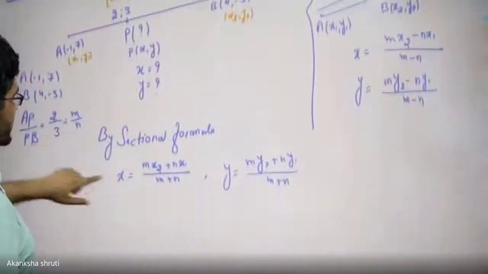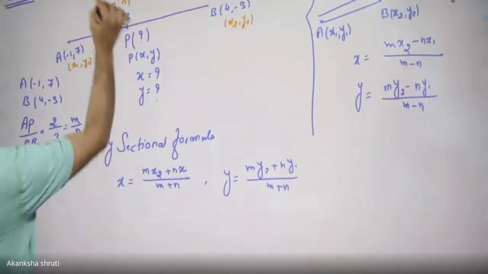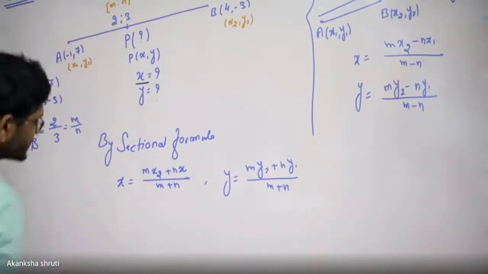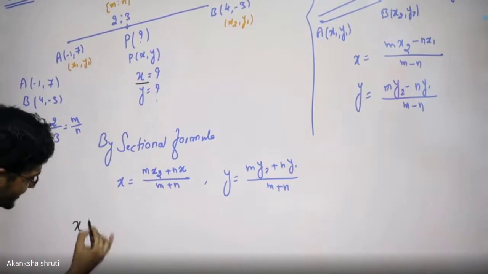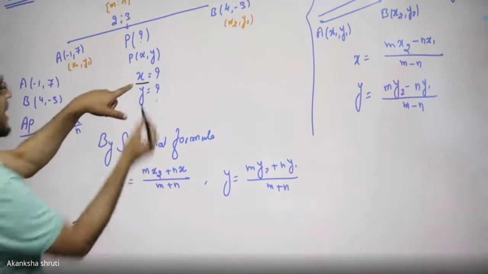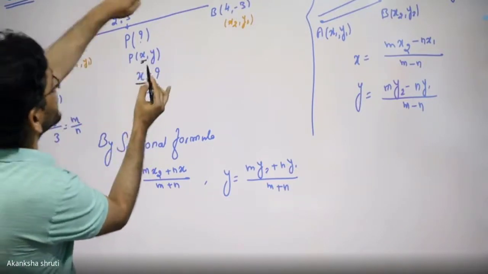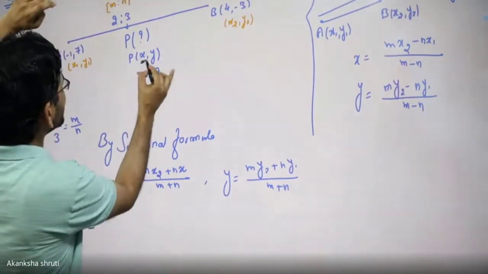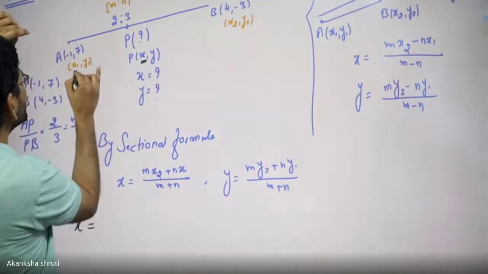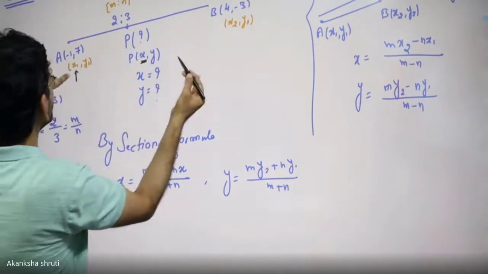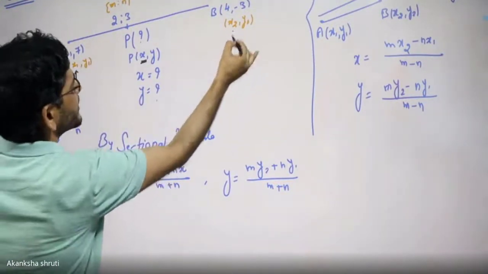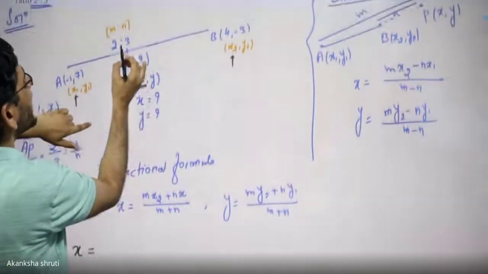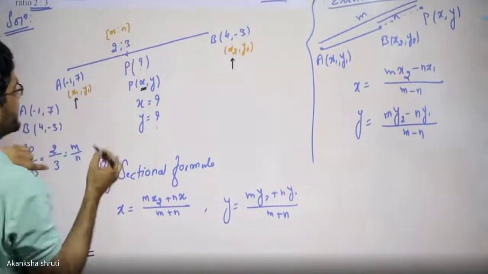Student, but for calculating the x, we want to get the value of this x. So how can this x be calculated? Keep in mind this x coordinate of P that we want to know. For this x coordinate, we have to correlate the first x coordinate and the second x coordinate, that means x1, x2, and this m to n.